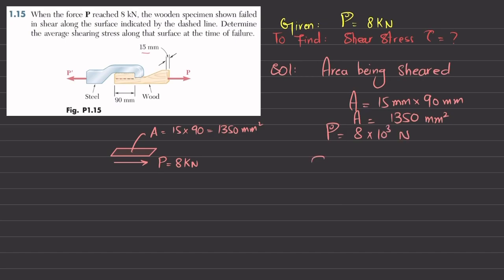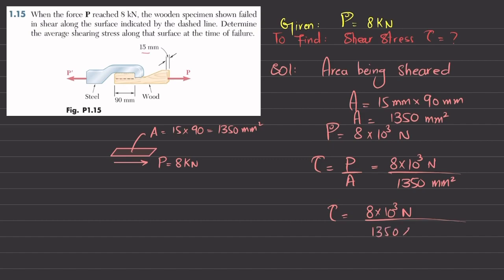So we know that shearing stress is equal to shear force divided by shear area. So force is given 8 into 10 raised to the power 3 Newton divided by area 1350 square millimeter. If you convert it into meter, so 1350 into 10 raised to the power minus 6 square meter.